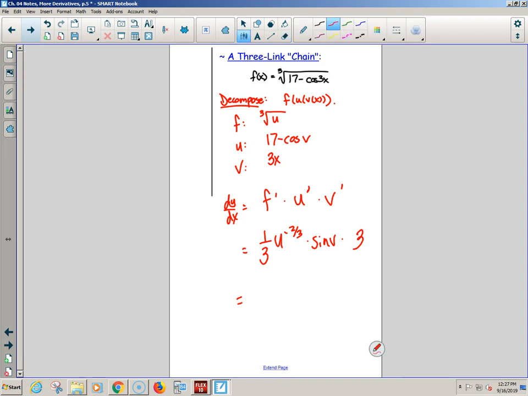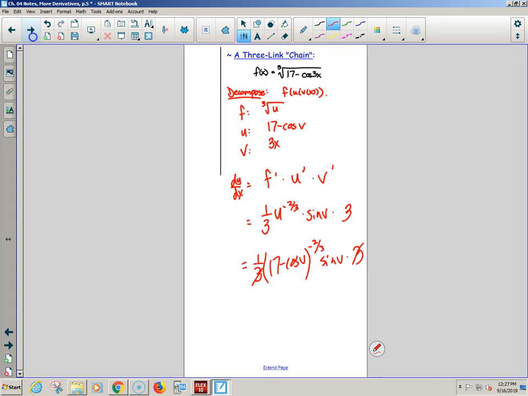So they would say plug in the u first. So it would be 1/3, 17 minus cosine of v to the negative 2/3 sine of v times 3. Maybe somewhere in here they've had them start simplifying just to make life a little bit easier and not have everything all at once. But then they say at some point you have to plug in v is 3x.